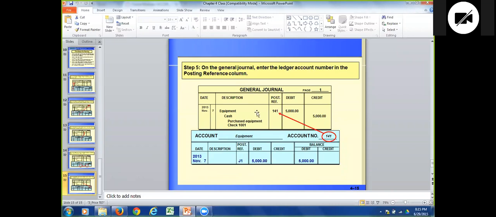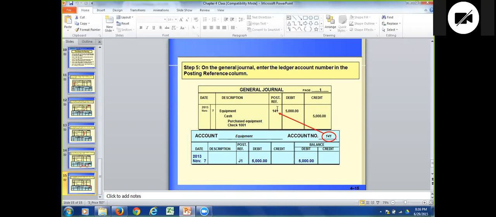So first step, put the date. Second step, put the post reference for the ledger account. Third step, put the amount of the transaction. Fourth step, compute the balance. And then fifth step, put the post reference in the general journal to show that it was posted to the ledger.